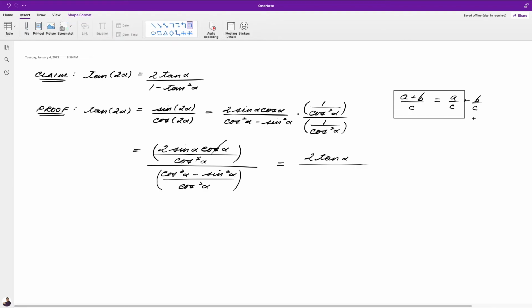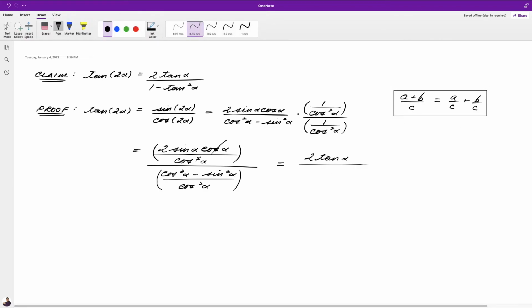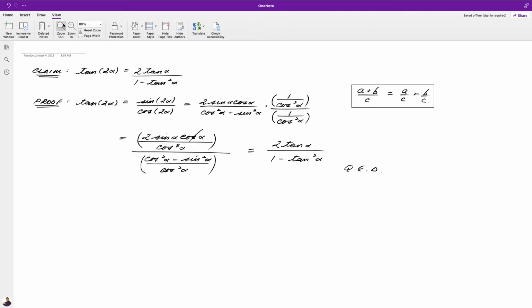Let's get that in the box there. So cosine squared alpha over cosine squared alpha is 1, and sine squared alpha over cosine squared alpha is tangent squared alpha.